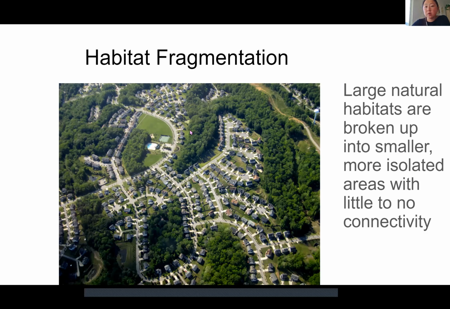So if there was an organism that lived on the west side of this green area and they needed to go every week or every day to the east side to find food and water and shelter, they're not able to when we fragment their habitat.